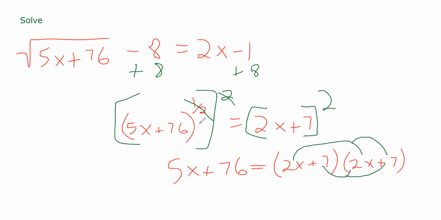The left-hand side hasn't changed. The right-hand side, 2x times 2x. 2 times 2 is 4. Then to deal with the x's, x times x is x squared.